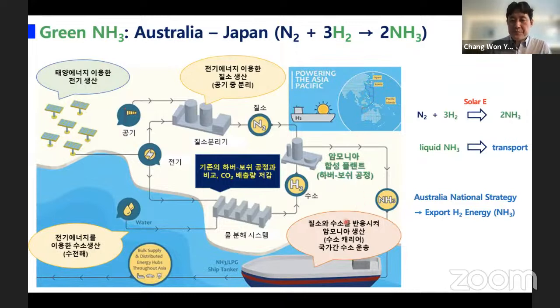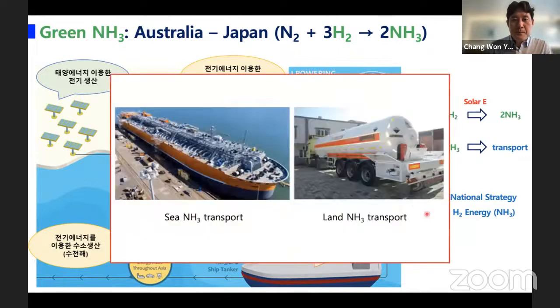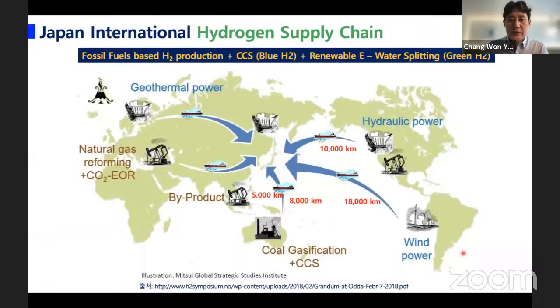Australia announced its national strategy, and one part is that they're going to produce green ammonia using green hydrogen. This clean ammonia will be transported to many countries. Again, ammonia sea transport is currently readily available, and land transport is also commercialized and available. So there is no problem, except the ammonia dehydrogenation.